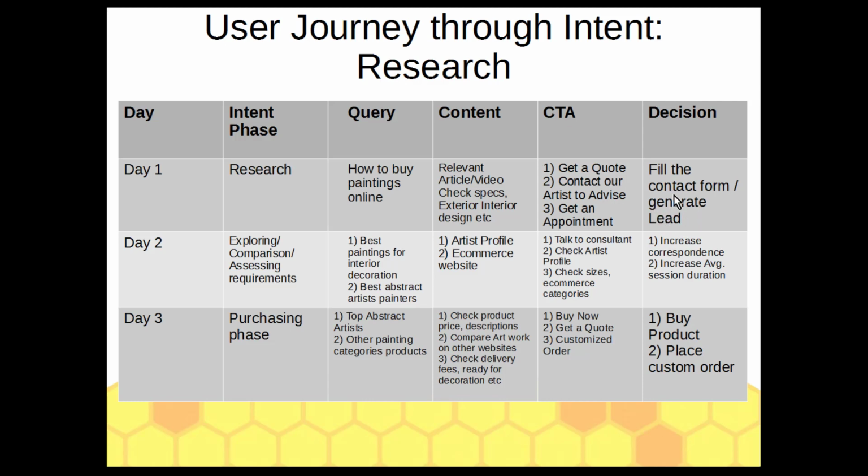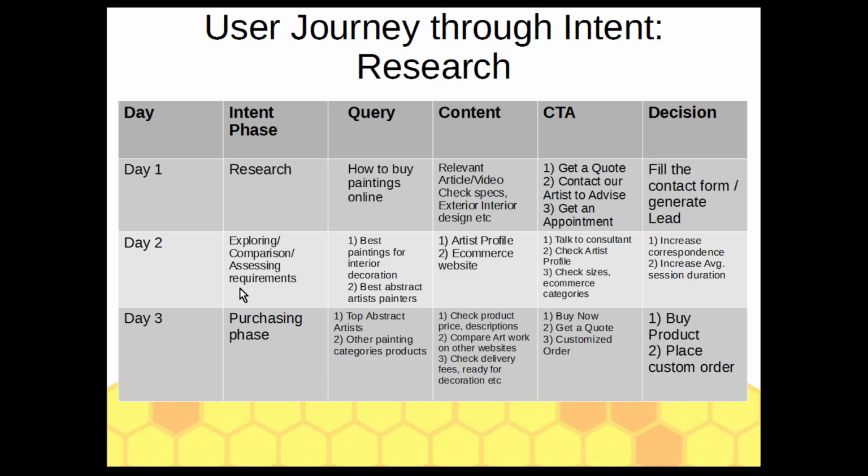So now that you have generated a lead, the next day they start exploring, they start comparison and assessing their own requirements. So assessing requirements means after they have read your article, they are looking into their own requirements, like where do I want to decorate it?